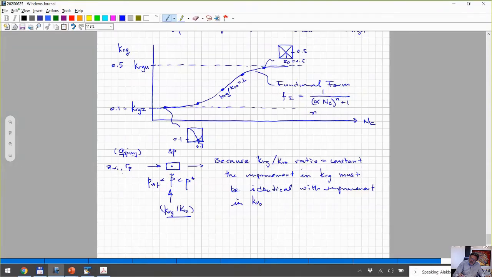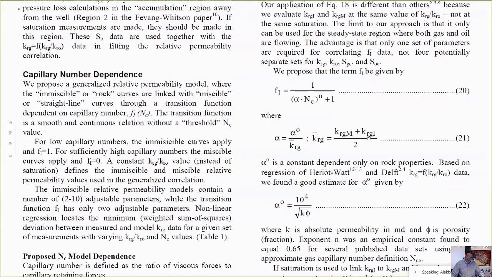And I think for n, we pretty much always use something close to 0.7, if I remember. Let's see here. Okay. Does it say 0.65?